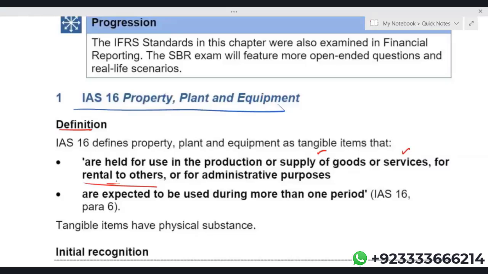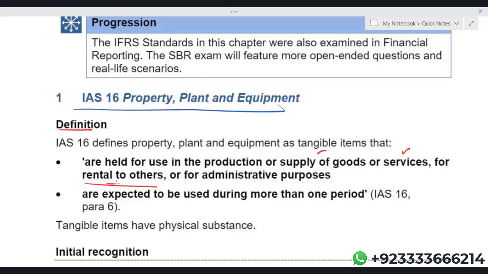We do provide proper and significant ancillary services. And this is not the case in case of investment property. If someone has given a bungalow on rent, obviously on that bungalow, I'm going to apply IAS 40. But when it comes to the hotel properties, we are going to apply IAS 16. So that is the example of rental to others.